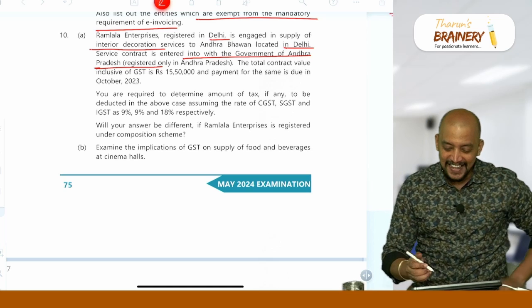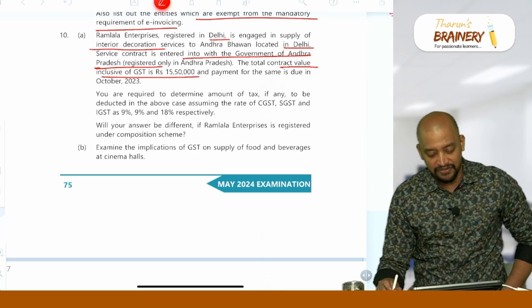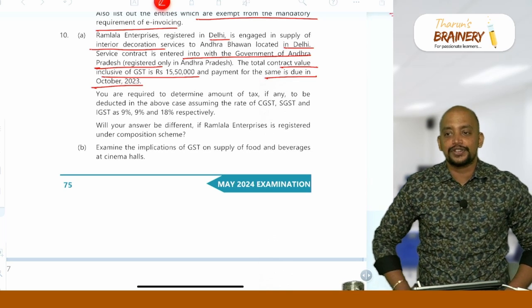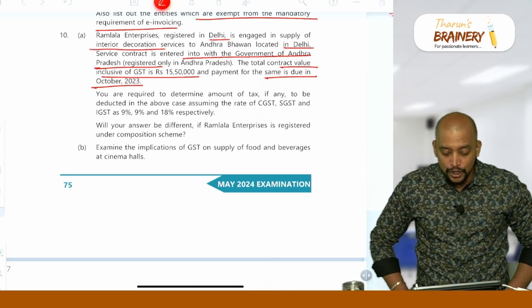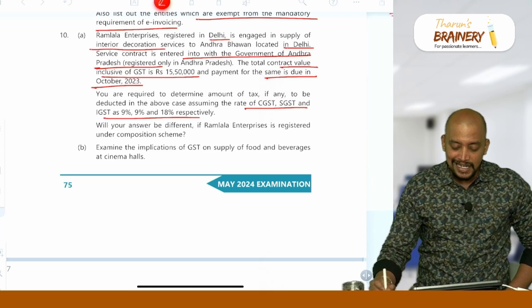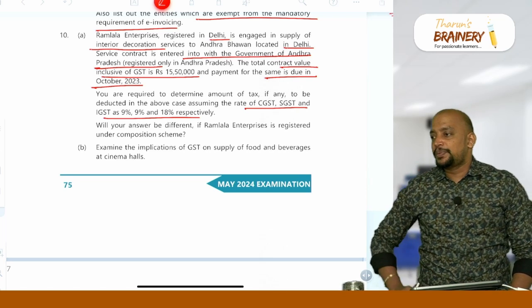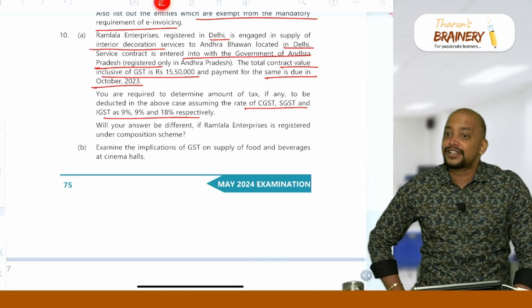Okay, you read. The total contract value inclusive of GST is 15,50,000 and the payment for the same is due in October 2023. You are required to determine the amount of tax, if any, to be deducted in the above case, assuming the rate of GST is 9%, 9%, 18% respectively. TDS is applicable if the contract value exceeds 2,50,000 excluding GST.